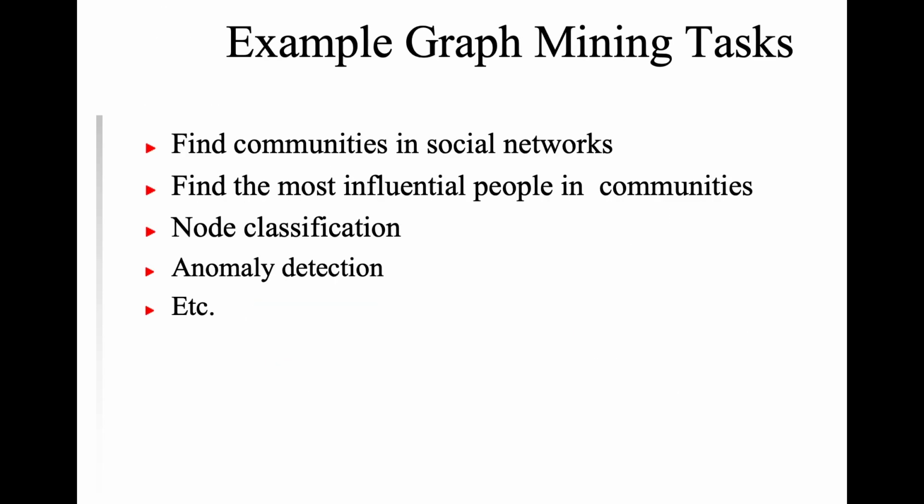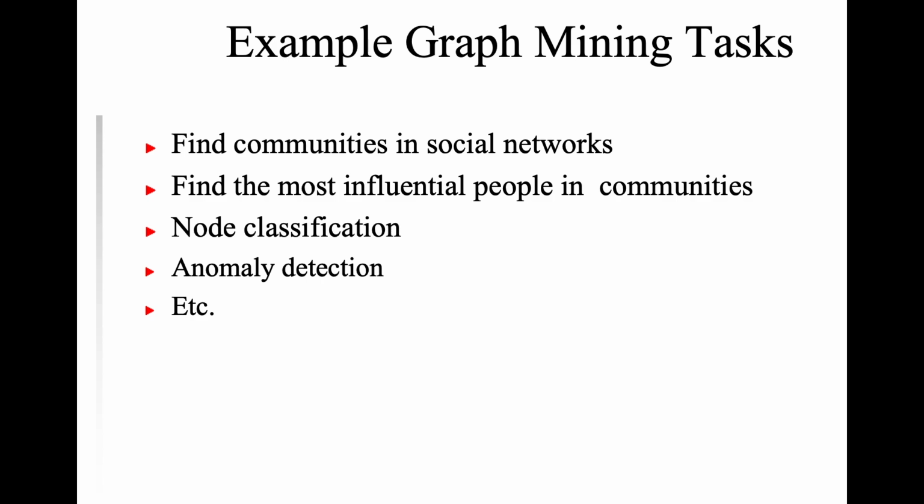So for example, here are some examples of graph mining tasks. For example, if you want to find communities in social networks, or find the most influential people in communities. These are especially popular in the politics context when they want to find local communities in a social network.